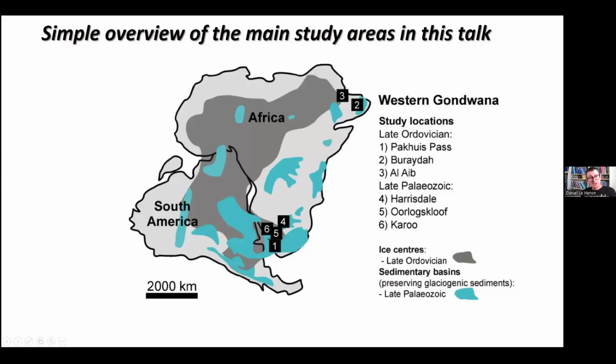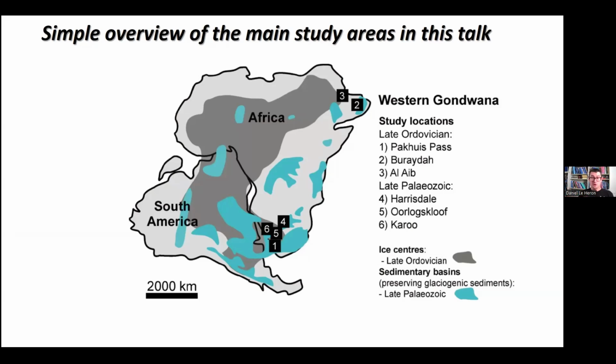I've used the word Paleozoic as a general word because I want to draw on late Ordovician and end Carboniferous examples. Okay, so that means that I can put Africa and South America together on a map like this and show where our study areas are.